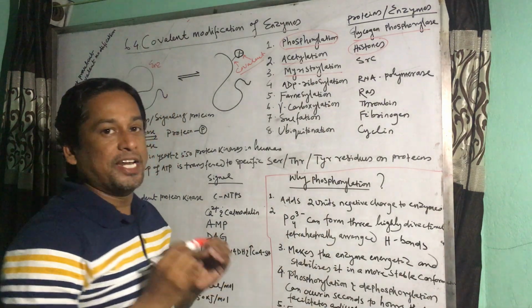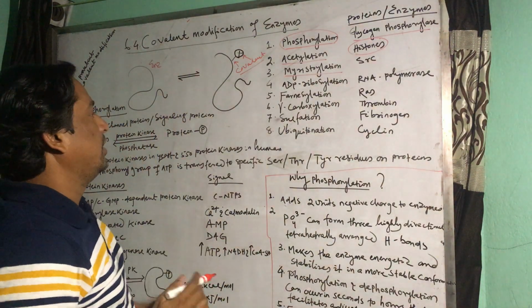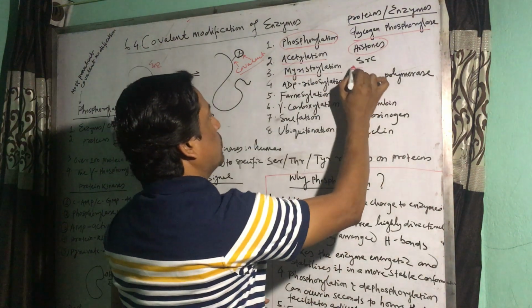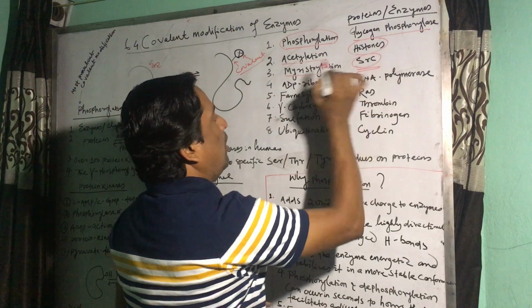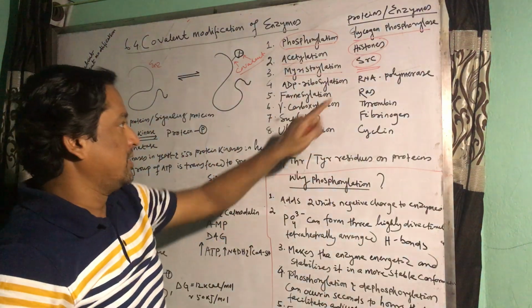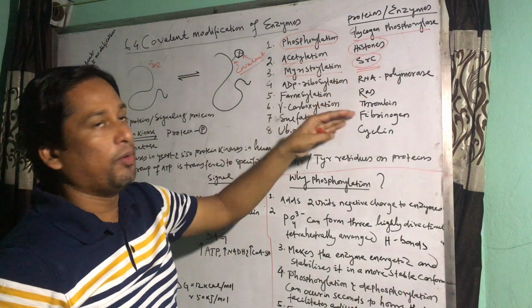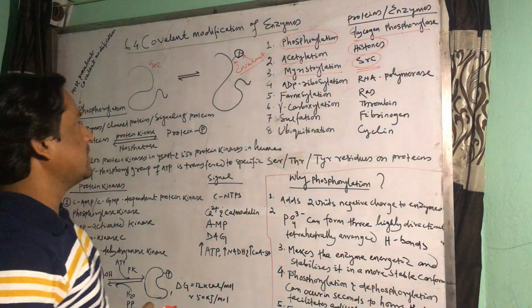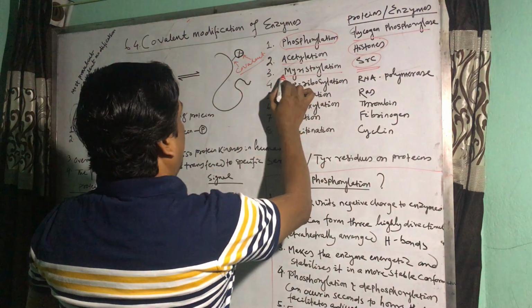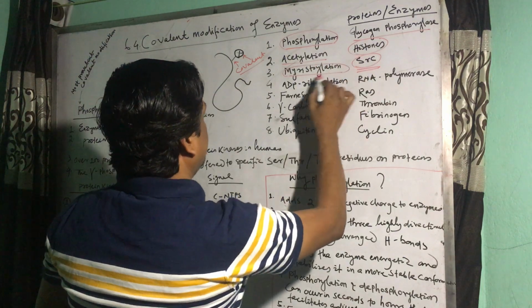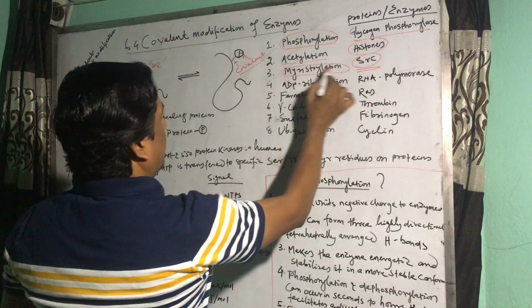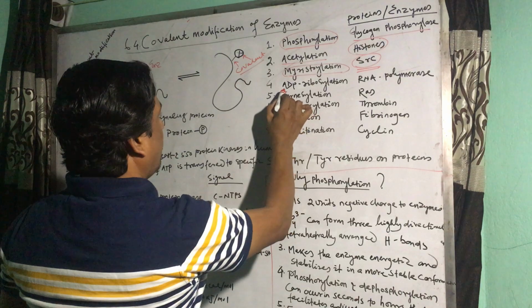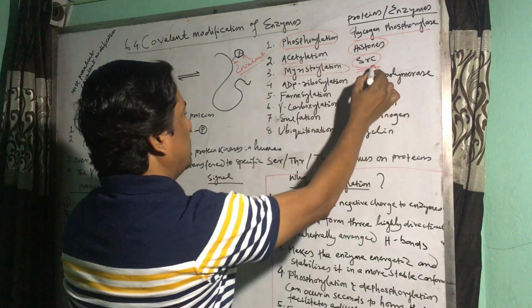Myristylation. A myristic acid is irreversibly attached to proteins. These are the membrane bound signaling proteins which are involved in many cell signaling processes. SRC is a myristoylated protein, and myristylation activates the protein.